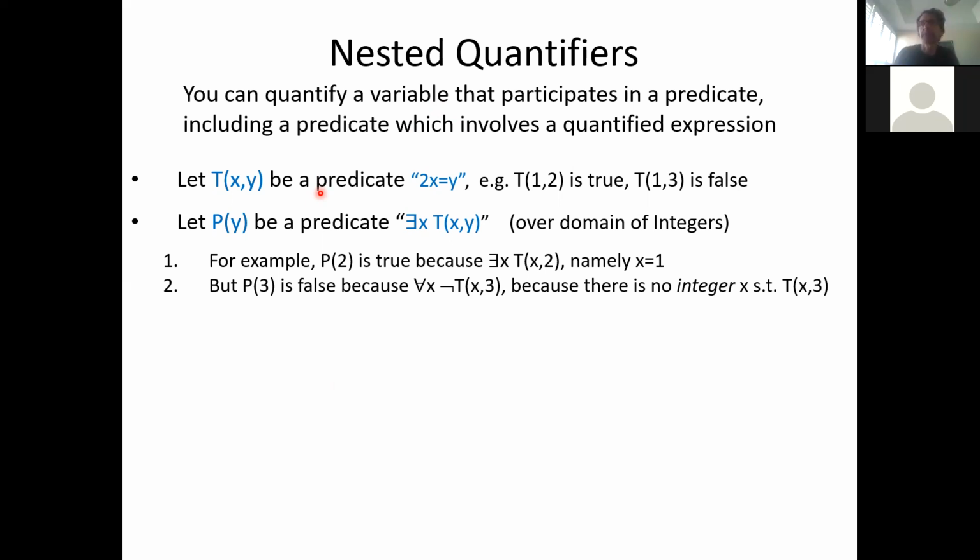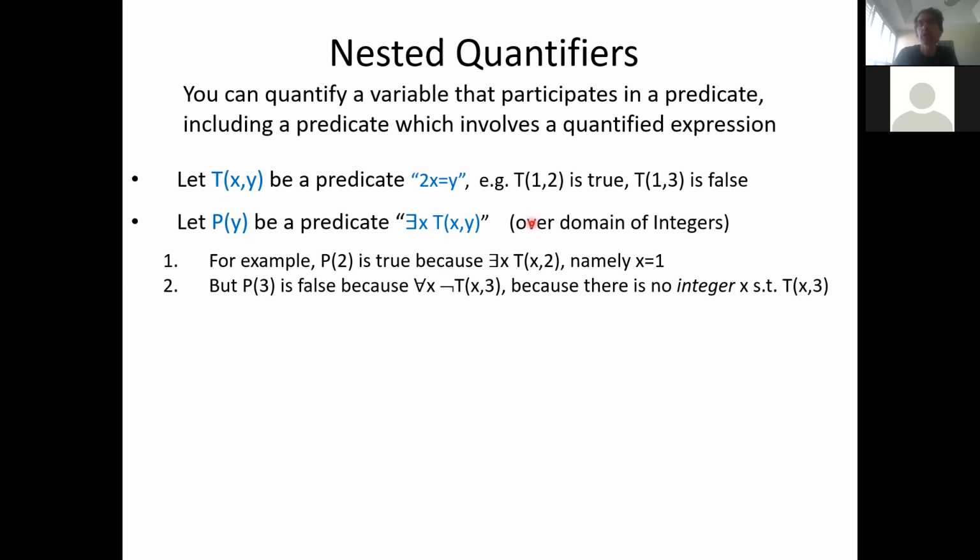I'm giving you a slow guideline for what that stands for. So imagine that you have a predicate that involves two variables, x and y. For example, T, which I will read as twice x is y, a predicate that holds if 2x makes a y.